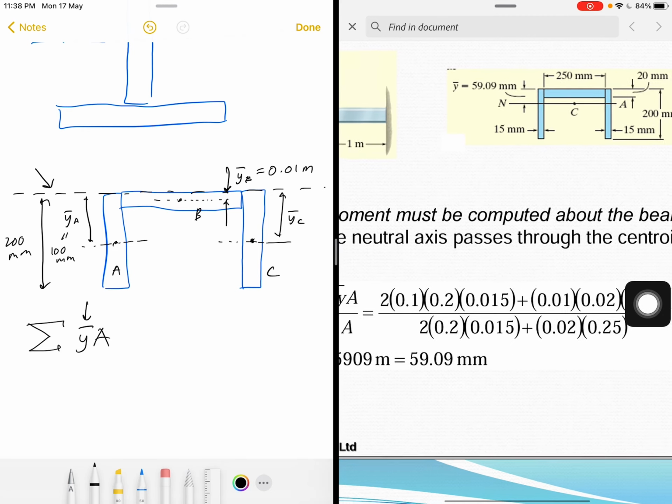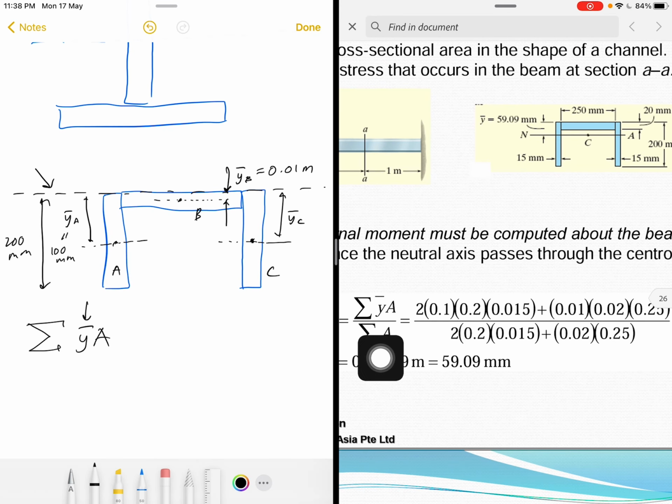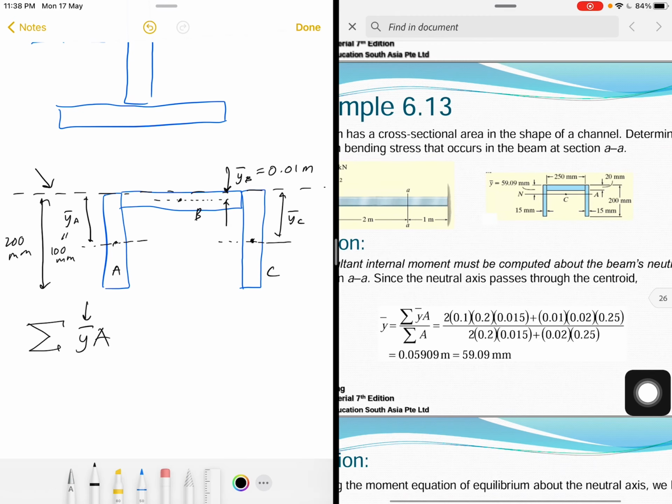We get that value, and then divide by the total area. So we add all the areas and put it at the bottom of the fraction, and then you calculate that and you will get the y prime for the neutral axis.